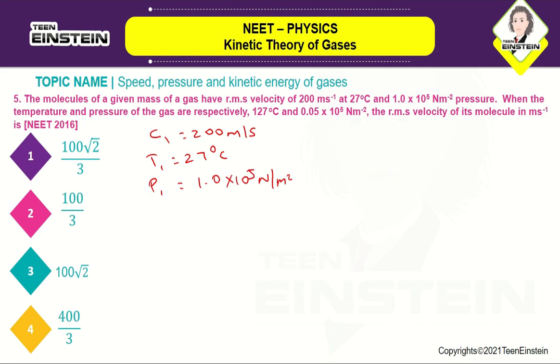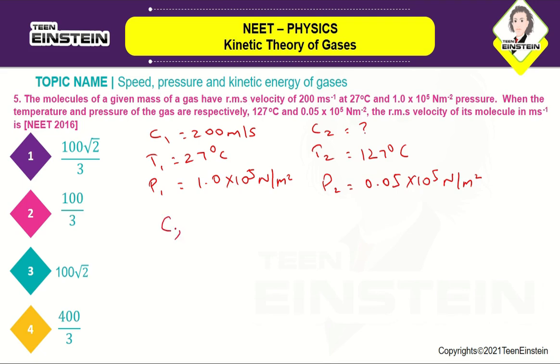Now they have given that when the temperature becomes T2, it is 127 degrees Celsius and P2 is 0.05 × 10^5 Newton per meter square. They're telling us to calculate what the C2 value is.